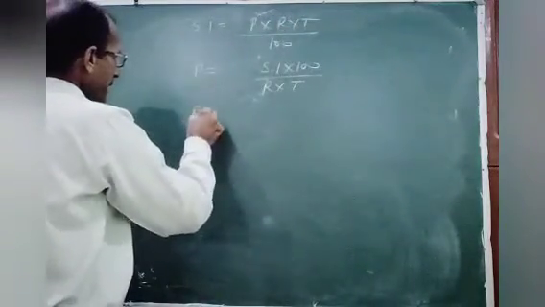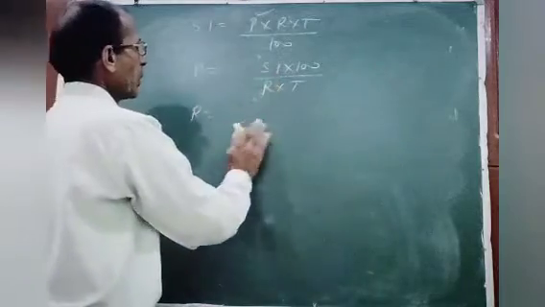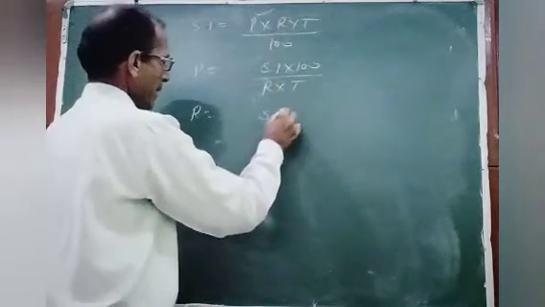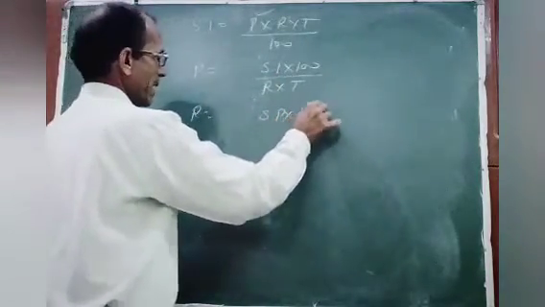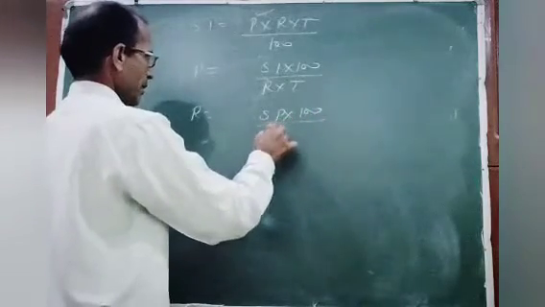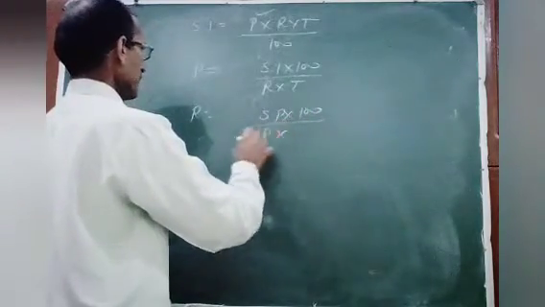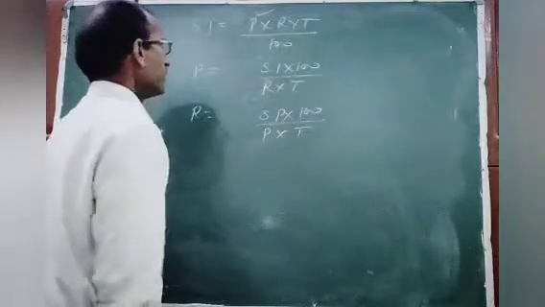If we have to find the rate, the formula is simple interest multiply by 100 upon P multiply by time.